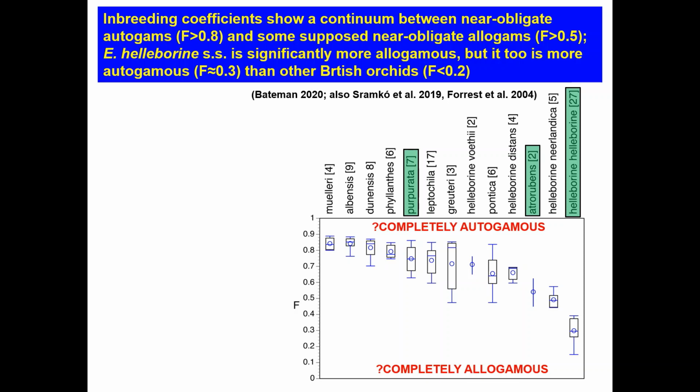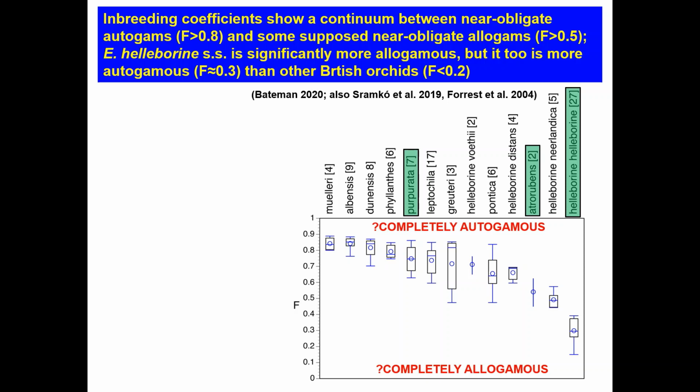And you'll see that really only Epipactis helleborine subspecies helleborine, the widespread ancestral broad-leaved helleborine, has a significantly lower inbreeding coefficient than the rest. All of the rest are showing very high levels of autogamy, of self-pollination, self-fertilisation.